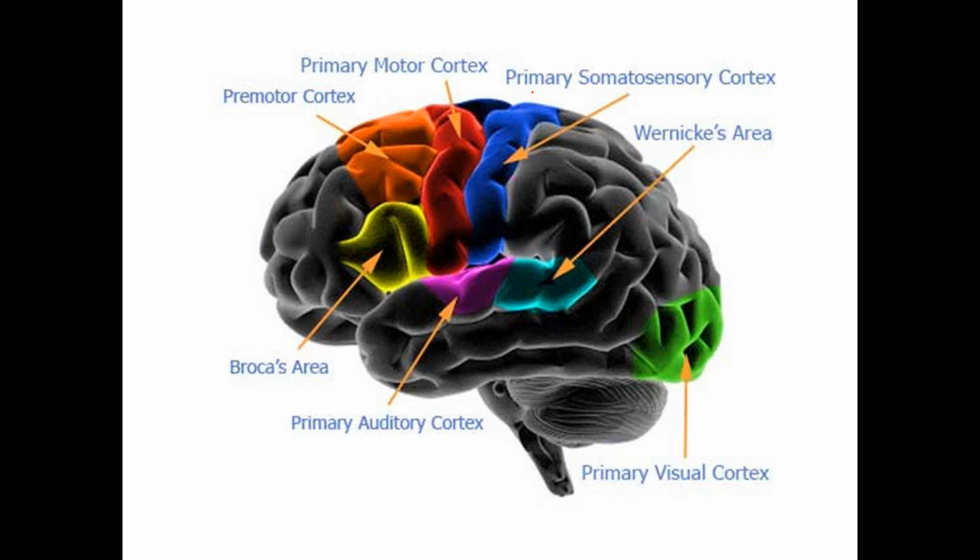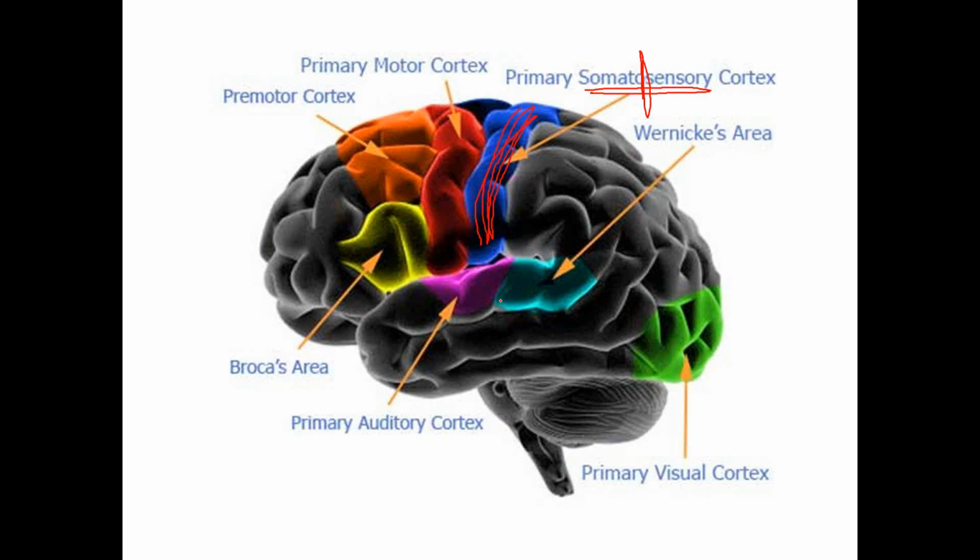The primary somatosensory cortex, you can see here in this specific gyrus called the central gyrus. Somato, if you remember guys, means body, sensory means sensation. So this part of the brain is responsible for sensing what's going on throughout the body.